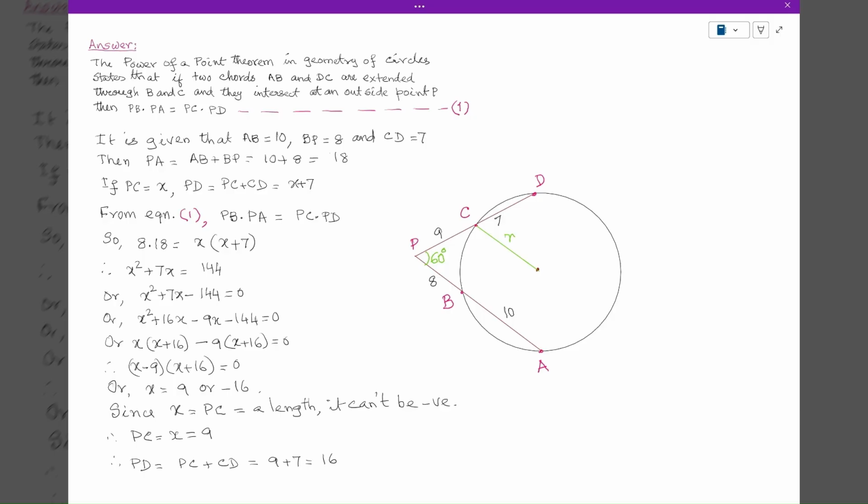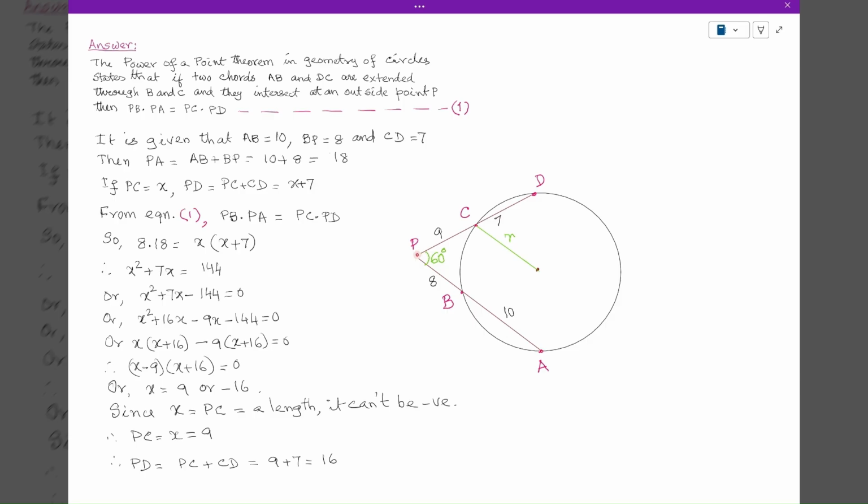It is given that AB is equal to 10, BP is equal to 8, CD is equal to 7. Then PA is equal to AB plus BP, which is 10 plus 8, that is 18.